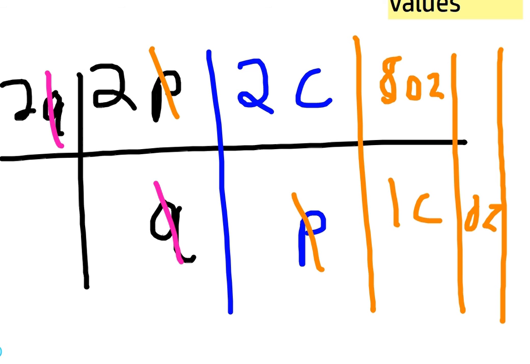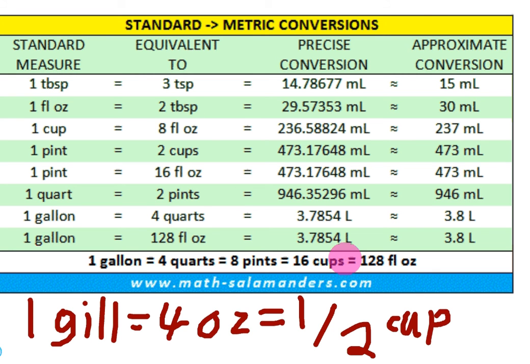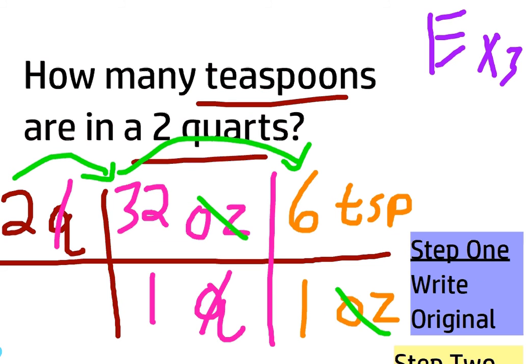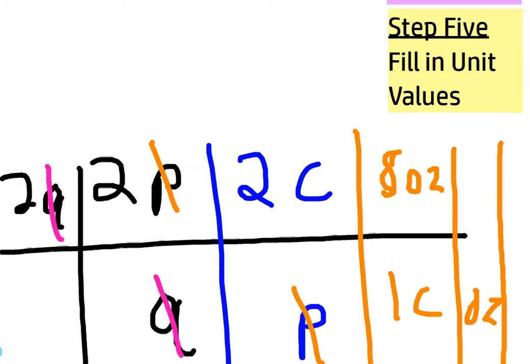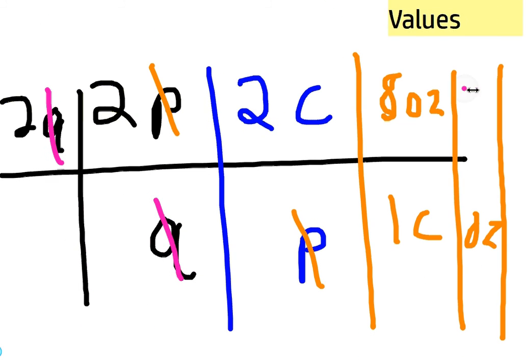Going back to the chart, there are 2 tablespoons in an ounce, correct? So you put 2 right here. And then the last thing you would put, right, the ounces are going to cancel. There are 3 teaspoons in a tablespoon. So you put 3 teaspoons down there and a tablespoon down here.